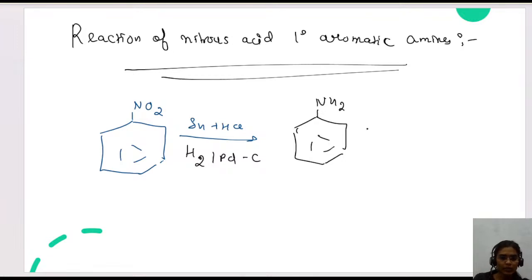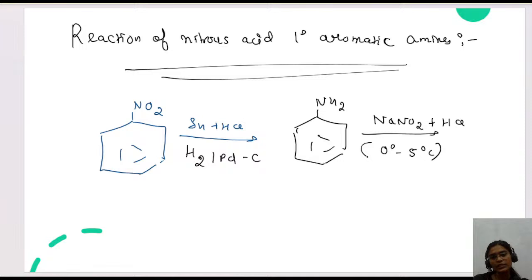So the actual part started from this, and again we are using NaNO2 plus HCl. And it's really very important that the temperature is between 0 to 5 degrees Celsius. If there is a little change in temperature, I'm not saying low temperature can't be borne, but high temperature can't be borne there. The reason is that it decomposes, it's not stable.